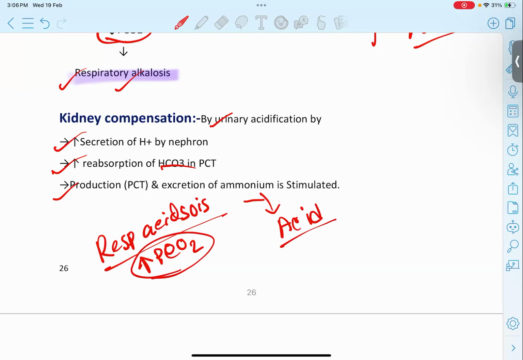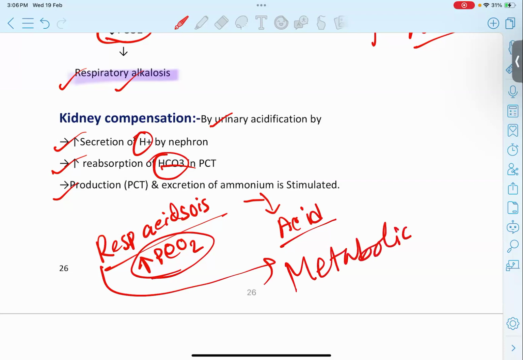The kidney has its effect on bicarbonate. So the kidney will produce bicarbonate, it will excrete acid, and it will also excrete ammonia. Ammonia is also an acidic substance. So by this, the kidney is responding to respiratory acidosis by doing metabolic alkalosis.